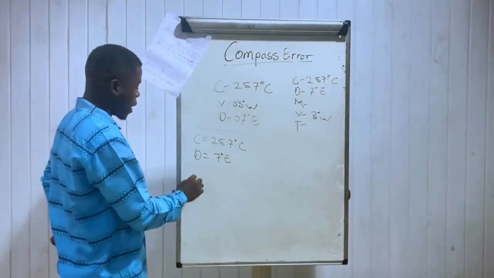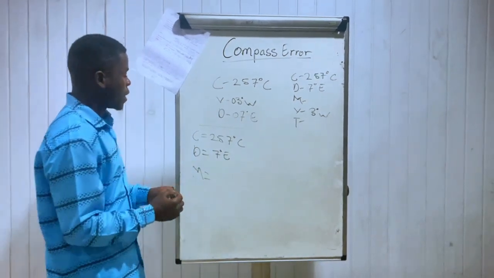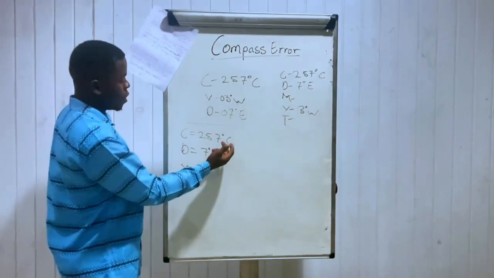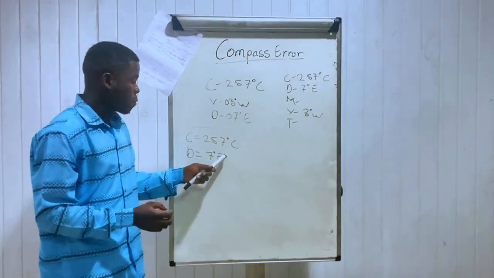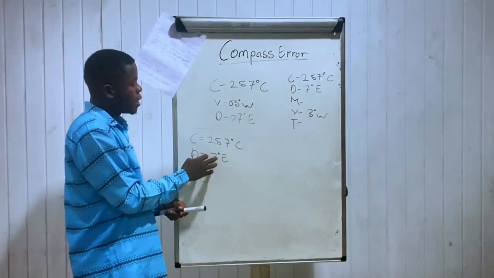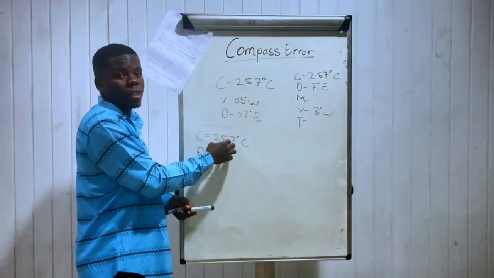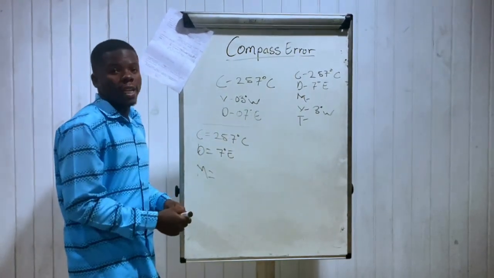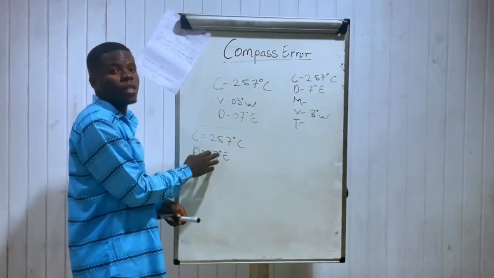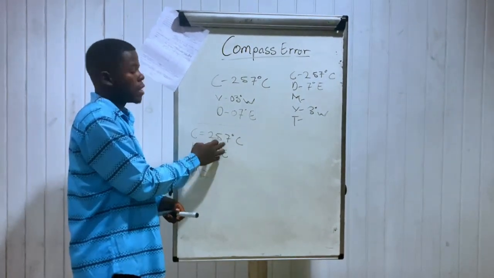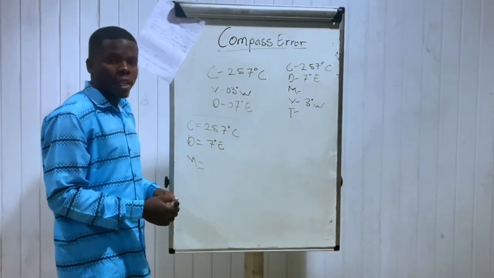As we don't know our magnetic, and we know that moving from compass to true, our east is plus, meaning that we add our 7 degrees to 257 degrees compass to get our magnetic.